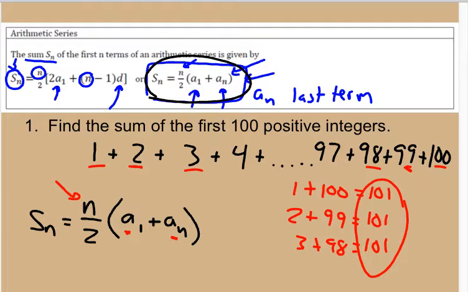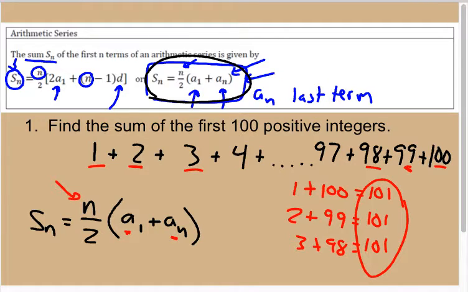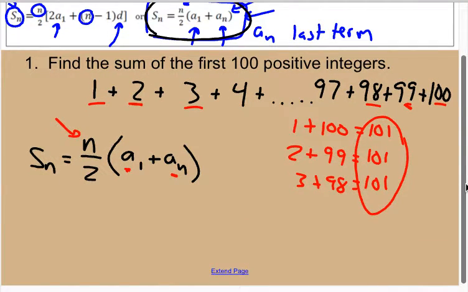So, plugging in what we know. S sub n is going to be 100, because n is equal to 100, 100 terms over 2, times a sub 1, which is 1, plus 100, which is our last term, a sub n.